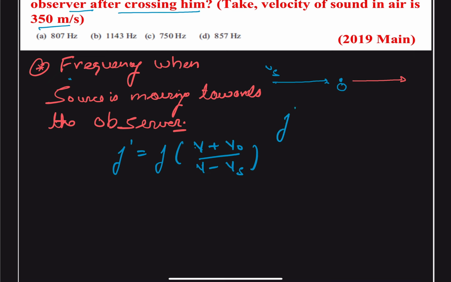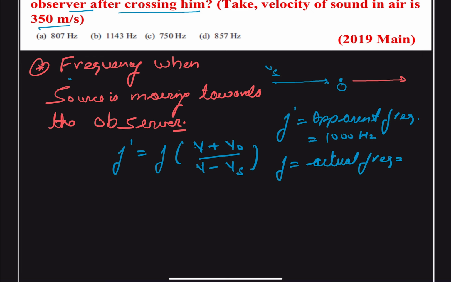F prime is the apparent frequency, which in the first case is given as 1000 Hz, and f is the actual frequency, which we are going to find out.